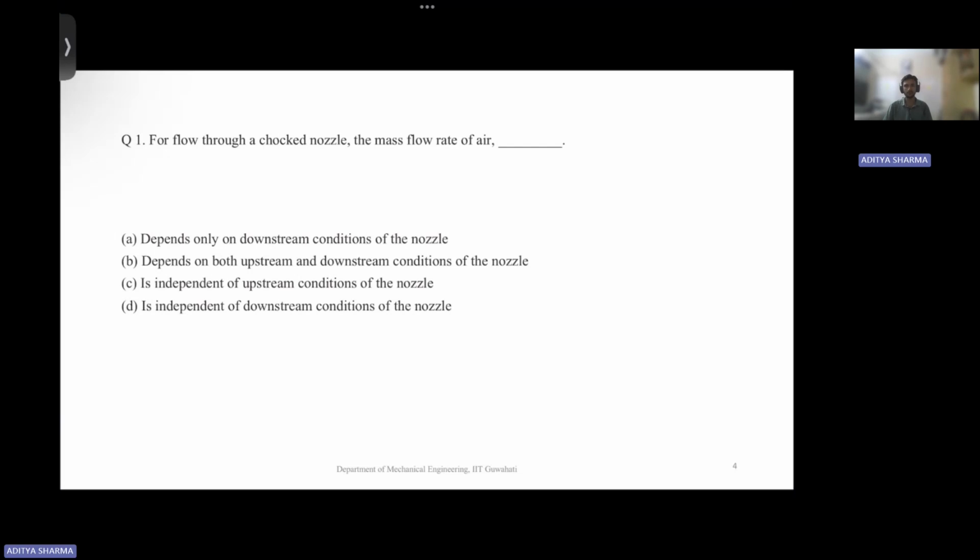So we have question number 1, which says that for flow through a choked nozzle, the mass flow rate of air, and then we have 4 options. First option says that it depends only on downstream conditions of the nozzle. Second, depends on both upstream and downstream conditions of the nozzle. Third, is independent of upstream conditions of the nozzle. Fourth, is independent of downstream conditions of the nozzle.